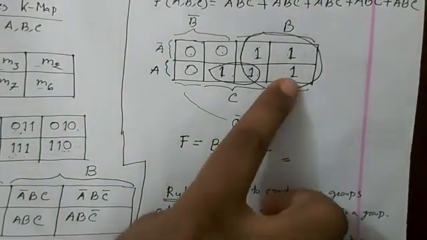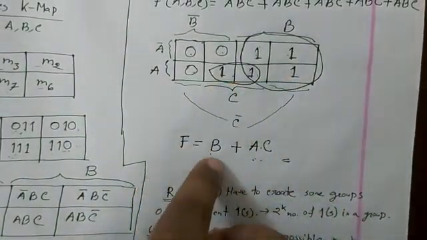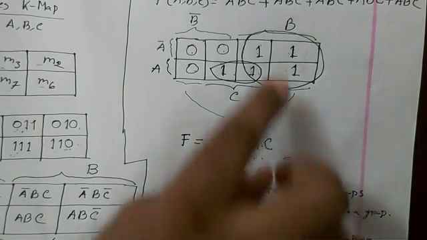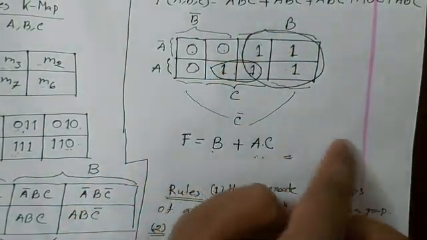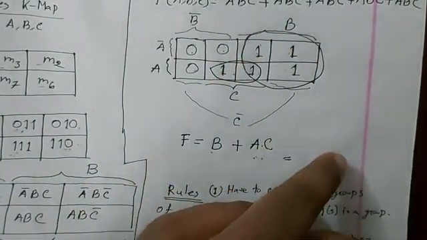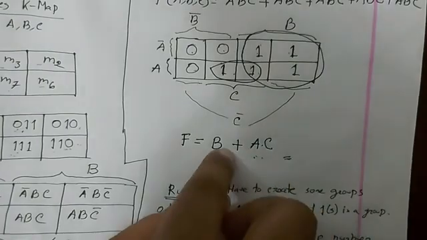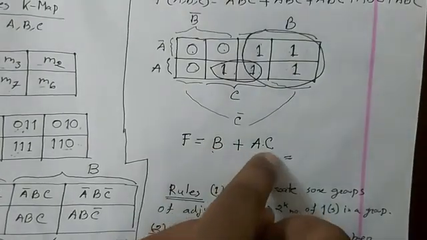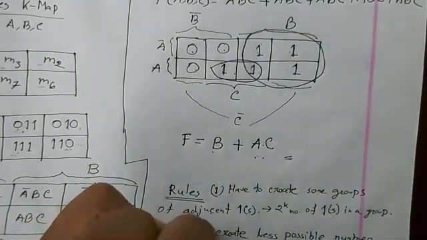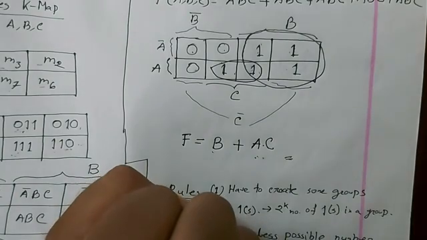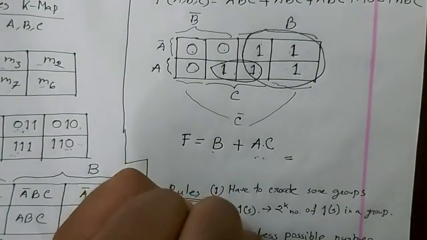See, here there are only 2 groups, that's why we got 2 terms, right? If we had created more groups, then more terms would be there. So our goal is always to make fewer groups, so that there would be fewer terms.